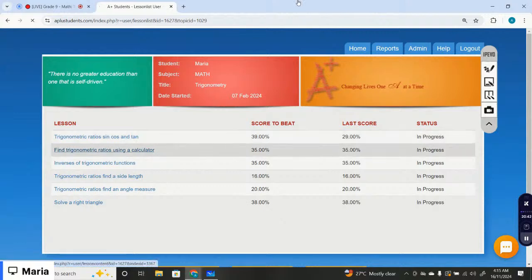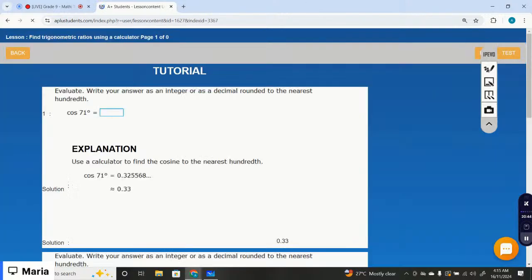That is find trigonometric ratios using a calculator. Evaluate. Write your answer as an integer or as a decimal rounded to the nearest hundredth. So that is cos 71. You have to just use the calculator and find the values of these ratios.